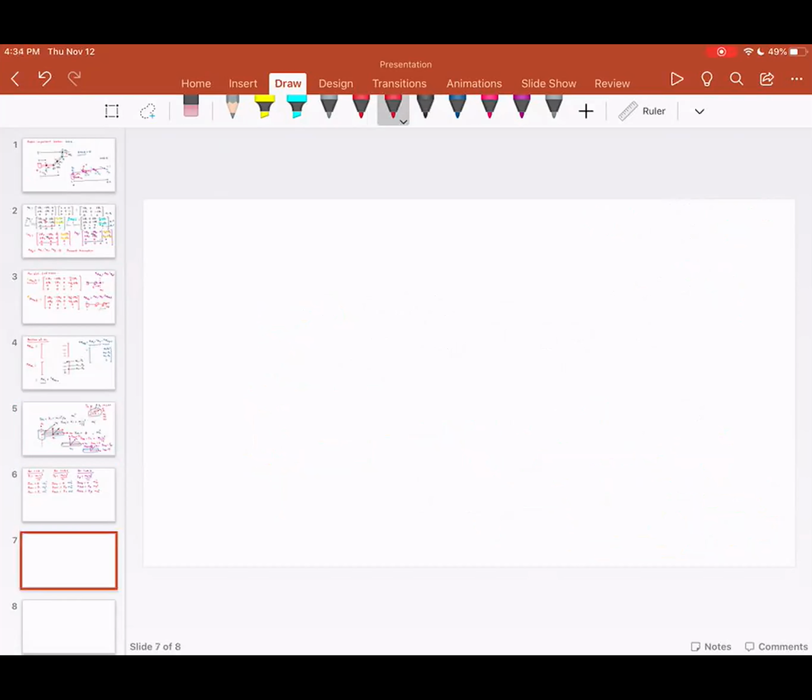Let me emphasize this again. This is the difference between translational and rotational velocities.